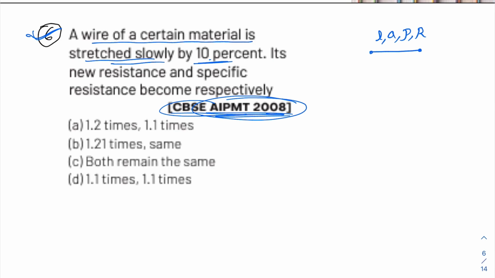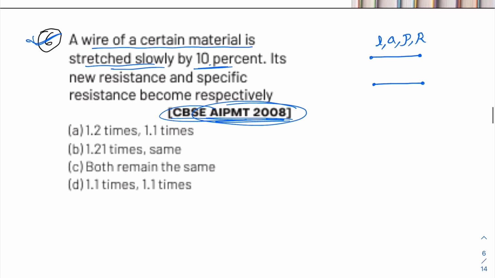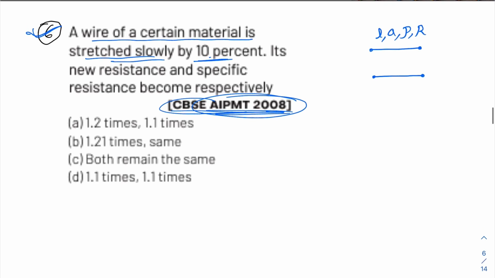Now it's stretched. This concept I already discussed in the previous videos, okay. If you have any doubt, you can go to that video. Let it be stretched like this. Now its length is increased by 10%. 10% means what?